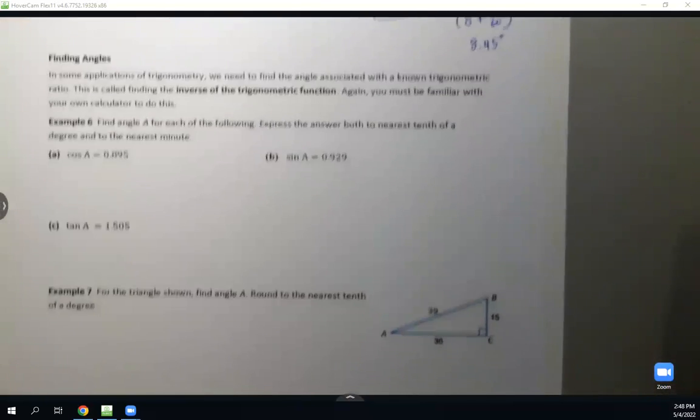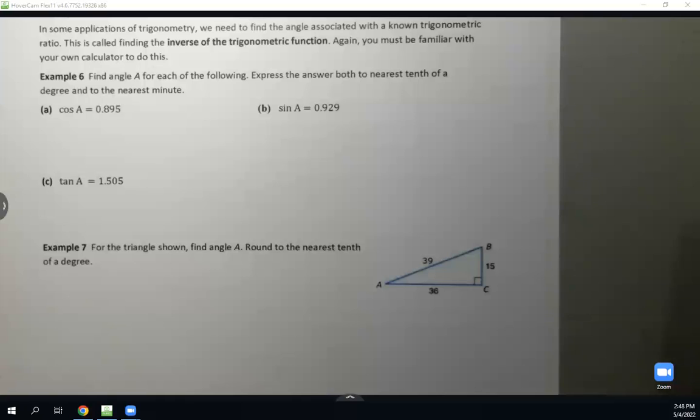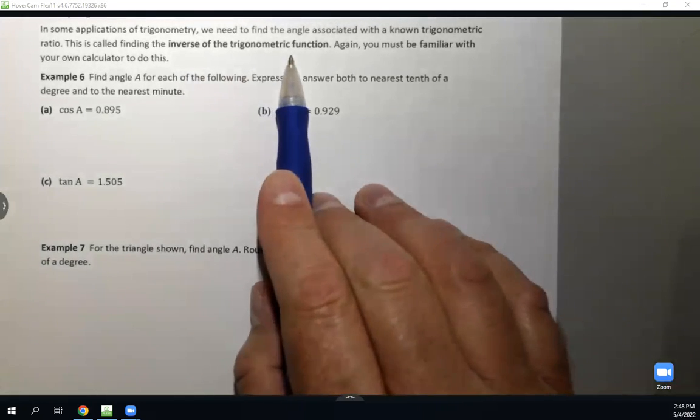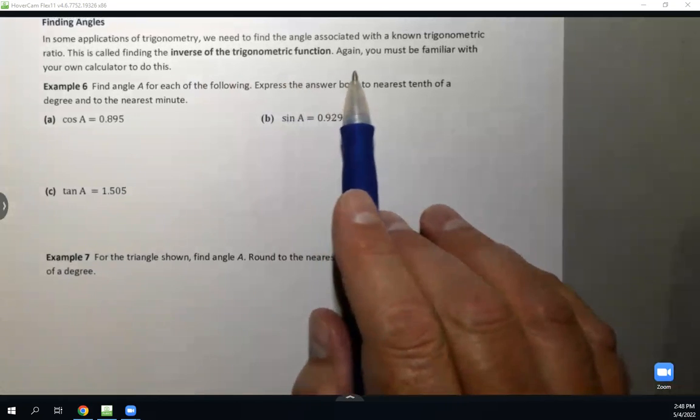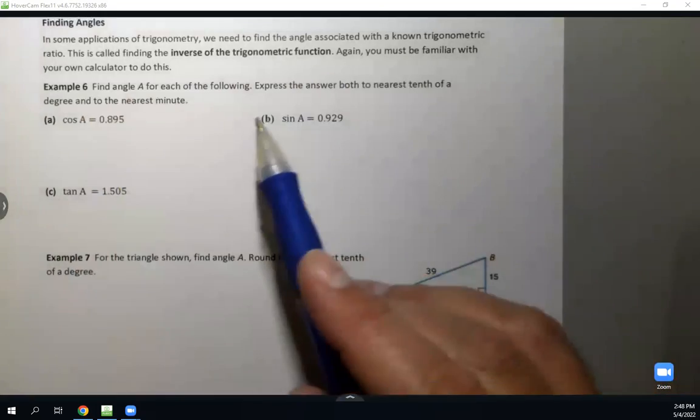So the last thing is this. In some applications of trigonometry, we need to find the angle associated with a known trigonometric ratio. This is called finding the inverse of the trigonometric function. Again, you must be familiar with your own calculator to do this.